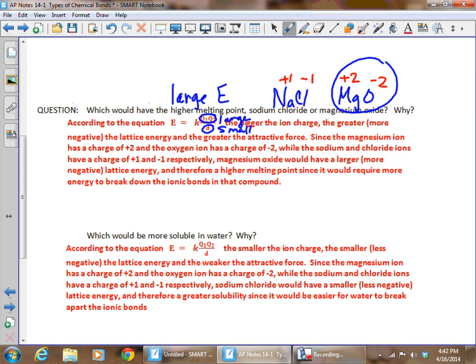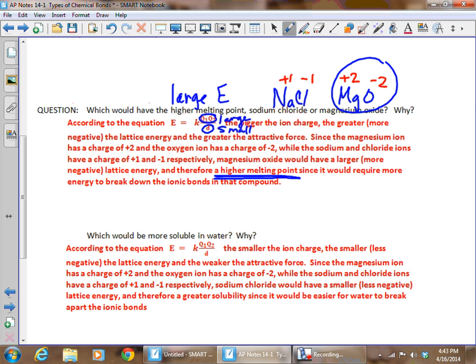According to Coulomb's law, that's going to result in a larger lattice energy, more negative lattice energy, and therefore magnesium oxide would have a higher melting point. It's going to take more energy to break down those ionic bonds. So high melting point, we always have to refer it back to crystal lattice energy. Always have to refer it back to that.